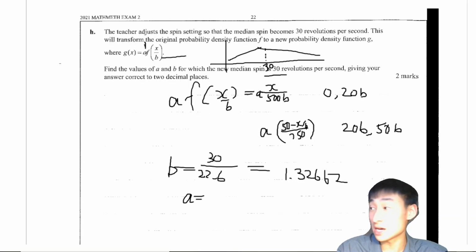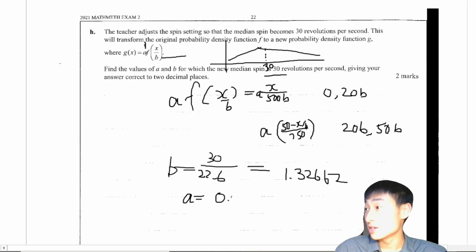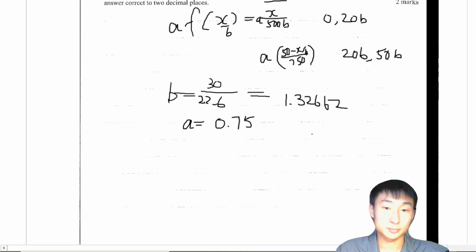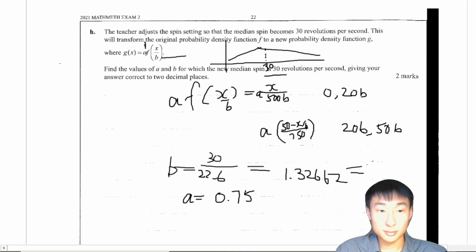You solve for a, and b is equal to. So hopefully this will give an answer less than 1, and it gives that. Okay, so I'm just going to say that's that. 0.7075, 0.75. Okay, cool. And b is equal to 1.3266. I'm just going to take that.